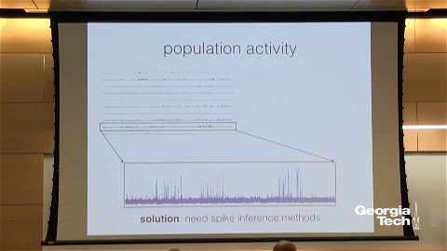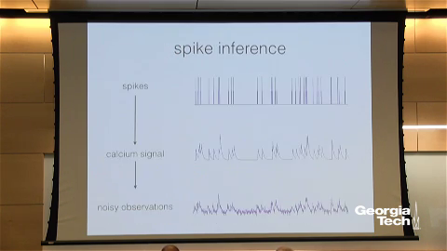The solution is to use different sorts of spike inference methods to take these calcium signals and pull out the individual spike times from them. The idea behind spike inference is to use the fact that we know a forward model to model our observations.